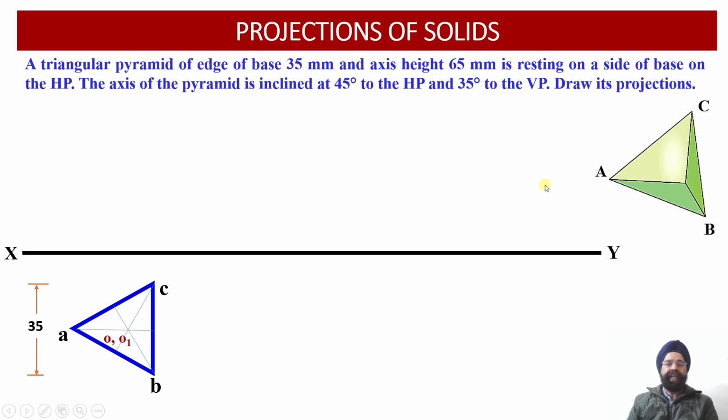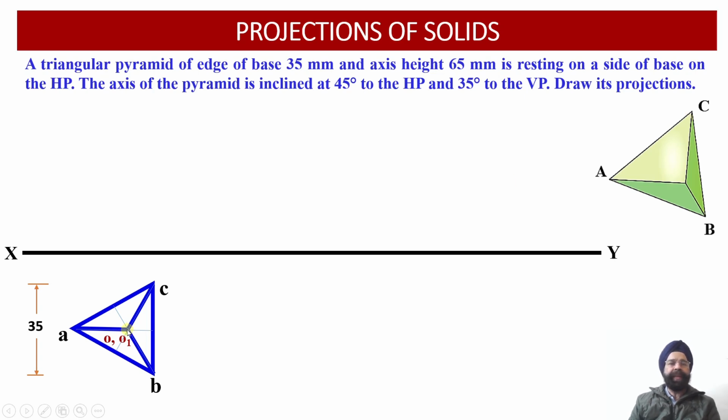Having located this apex point, now we can join OA, we can join OB and we can join the third slant edge OC over here. So the three slant edges OA, OB and OC have been joined as they are visible to us in the top view projections.